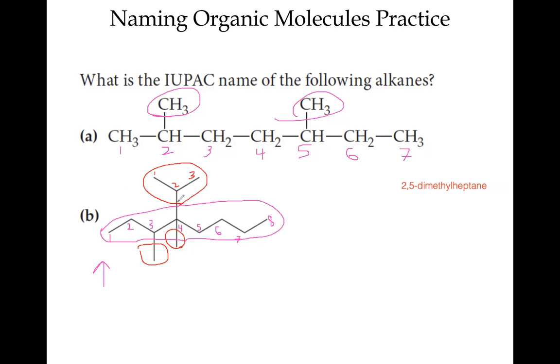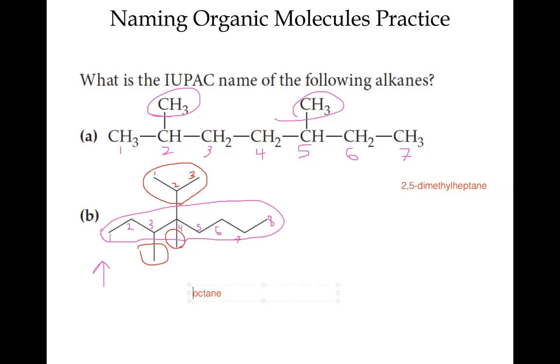And where is it binding to the rest of the molecule? On the second carbon. So it's going to be isopropyl because it's bound to the middle carbon, not to one of the ends. And so we put it all together. We get octane because that's our longest chain. So that's our parent, octane.